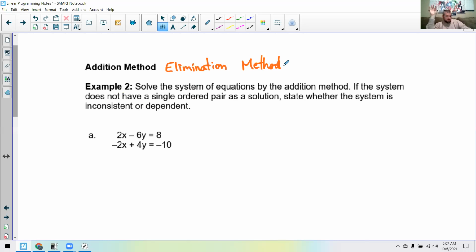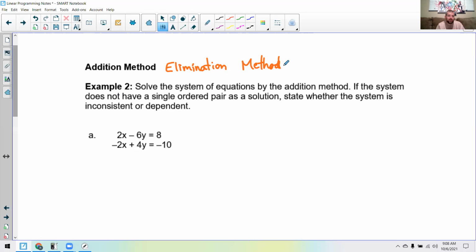What I want to do here, this might sound a little strange, is obtain matching opposite coefficients in front of one of the variables. So in front of either the x's or y's, I want the same number, but I want them to be opposite signs.